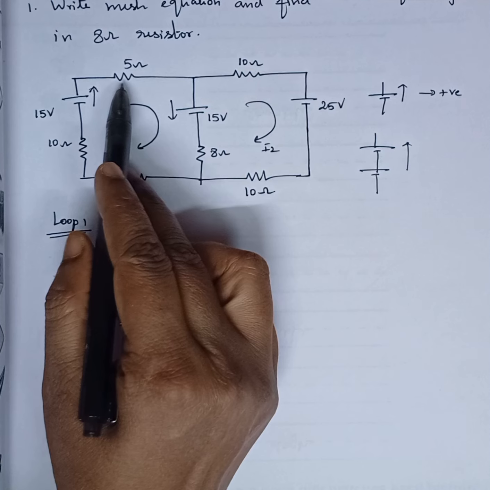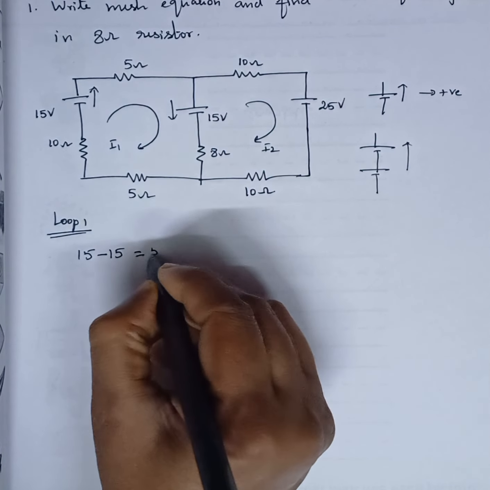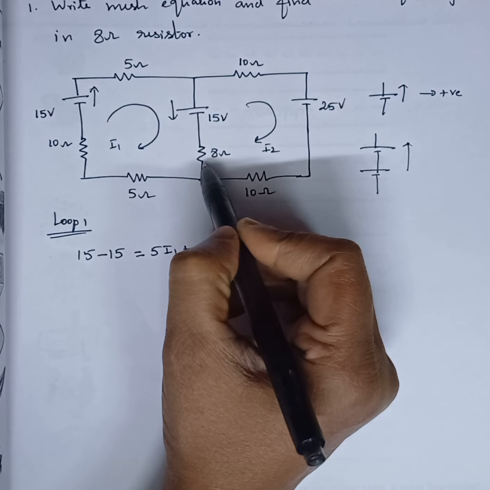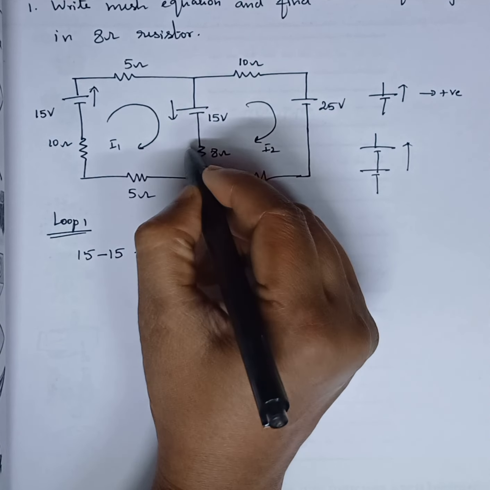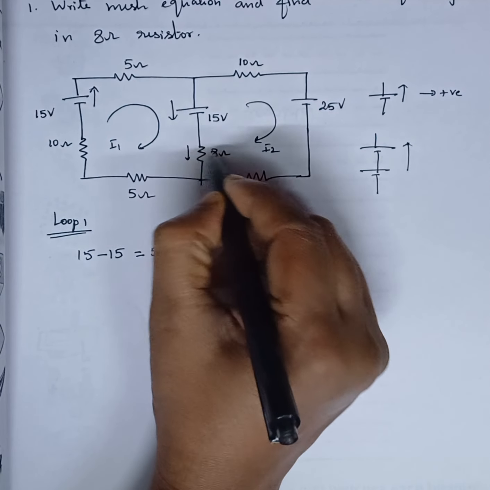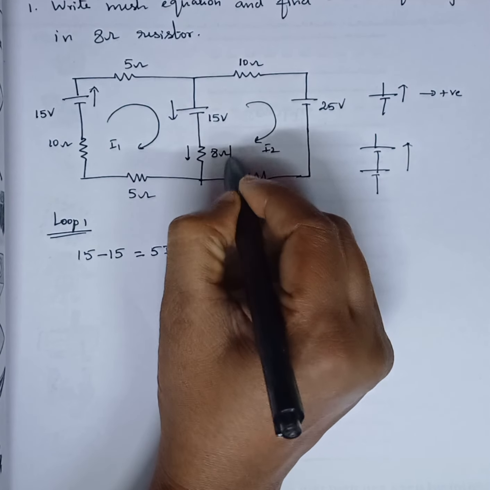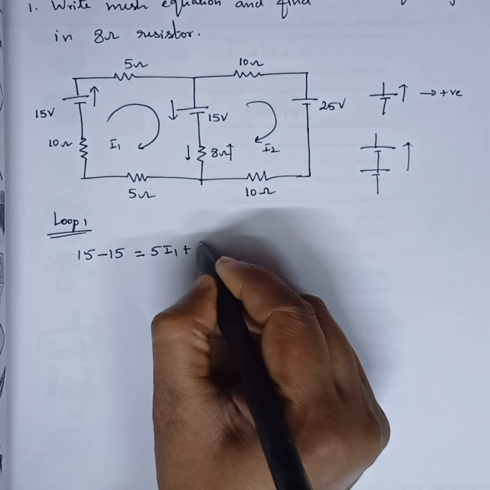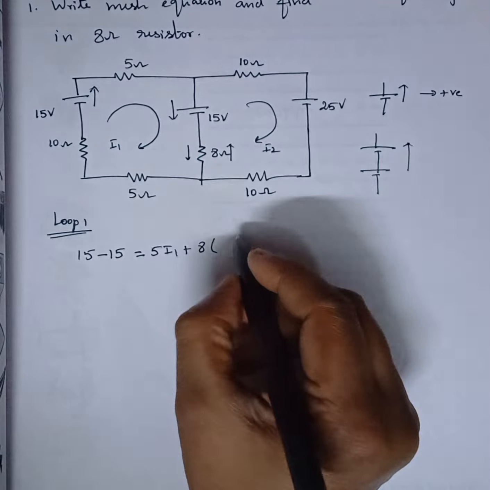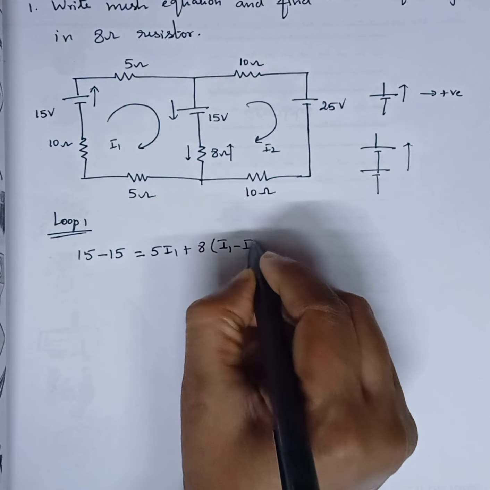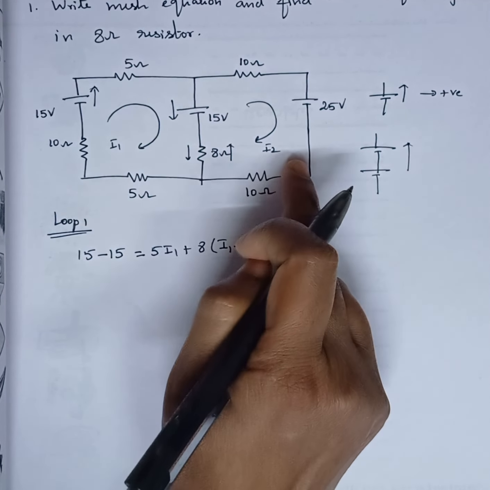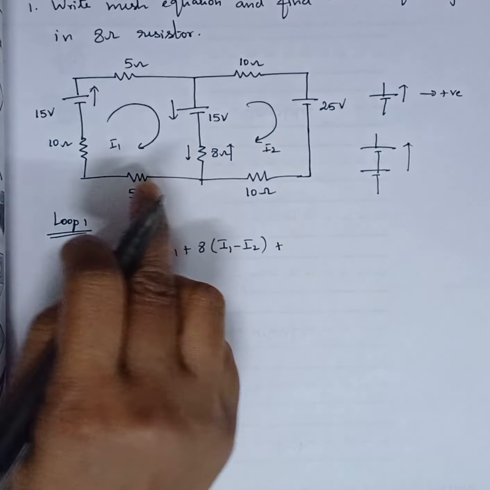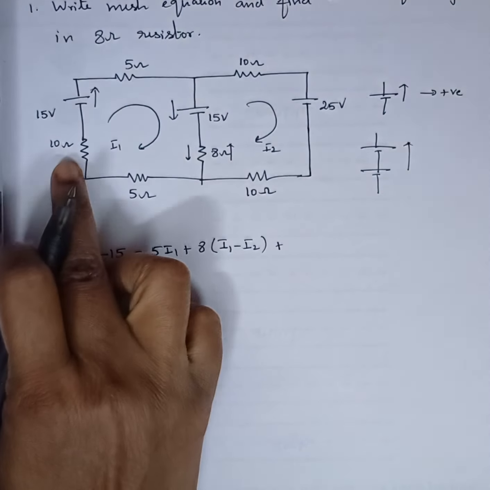So this is 5I1, correct? Then plus another resistor, 8 ohm, where the current flow for this loop is just opposite. So we have to subtract the current: while we consider the first loop, it should be I1 minus I2. If you consider the second loop, it should be I2 minus I1. Then plus 5 and plus 10.